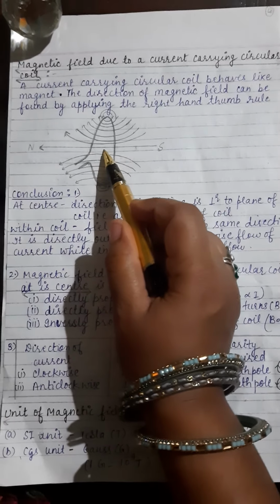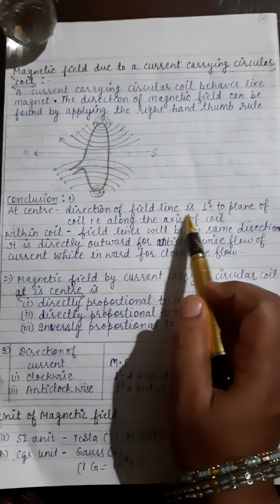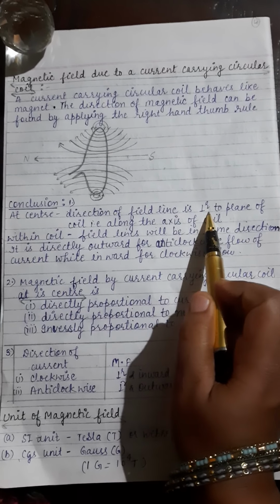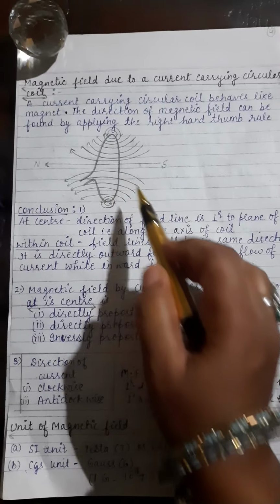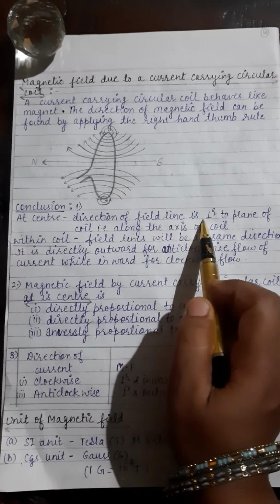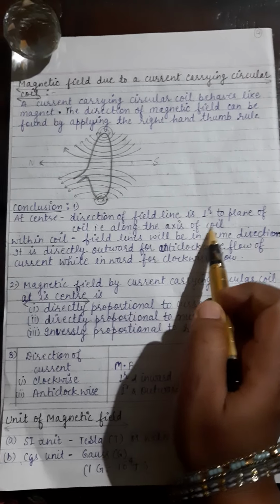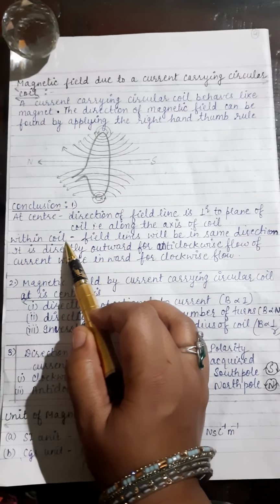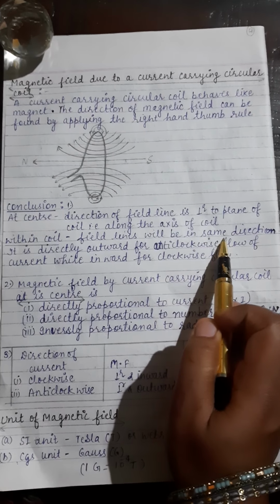If you want to calculate the magnetic field at the center, then the direction of magnetic field lines is perpendicular to the plane of the coil. Whatever the plane of the coil, the direction of the magnetic field line is perpendicular to that, that is along the axis of the coil. And within the coil, the field lines will be in the same direction.